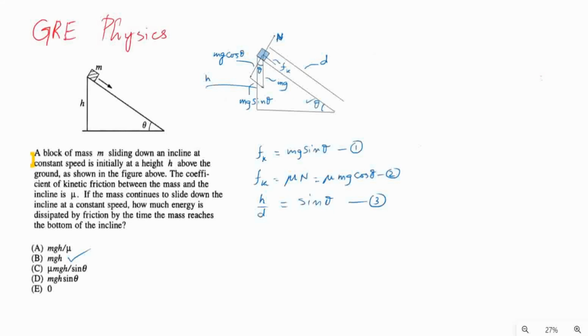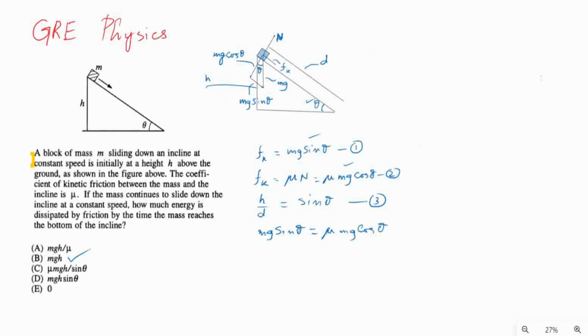So Fk here is in equation number 1 given by mg sine theta, and in equation number 2 it is given by mu times mg cosine theta. So we should write mg sine theta is equal to mu times mg cosine theta from 1 and 2.